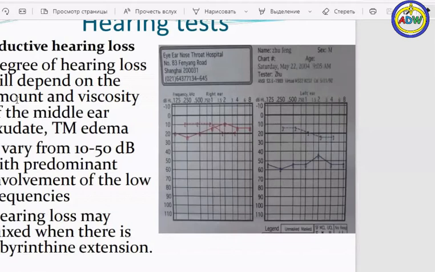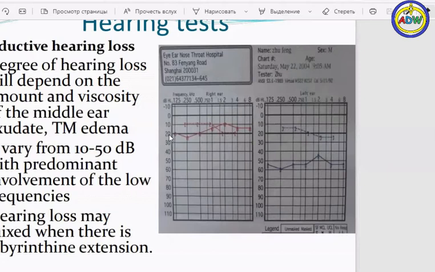Okay, and the audiogram, the audiometric test. What does it show? The right ear we mostly mark with a red pen and the left by blue pen. This is the air conduction, and this is bone conduction.